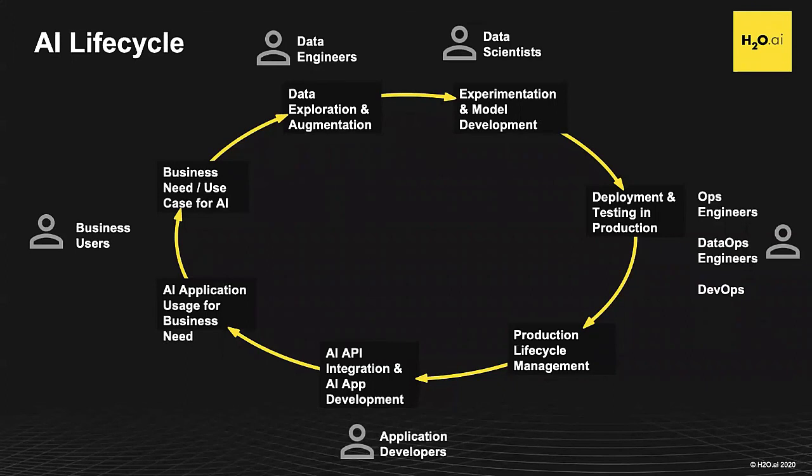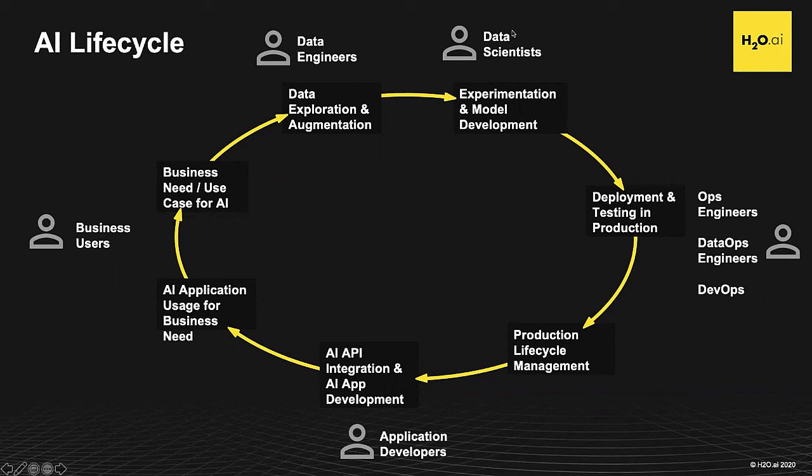So for instance, you have data engineers. They will explore, they will augment the data, they will bring data from different databases. And once they have the data, they would pass it on to data scientists.